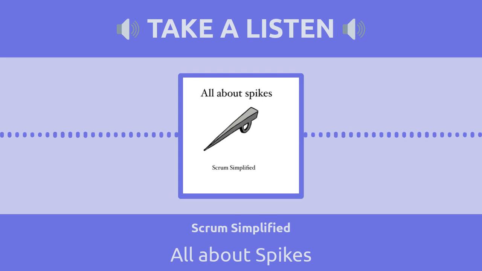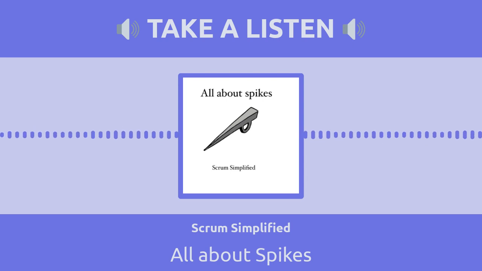If the goal of the spike is to investigate the feasibility of integrating the two systems or to identify any potential technical challenges, then you would consider it a technical spike. However, if the goal of the spike is to test how the integration will impact the user experience or to develop acceptance criteria for the integration itself, then it would be considered a functional spike.